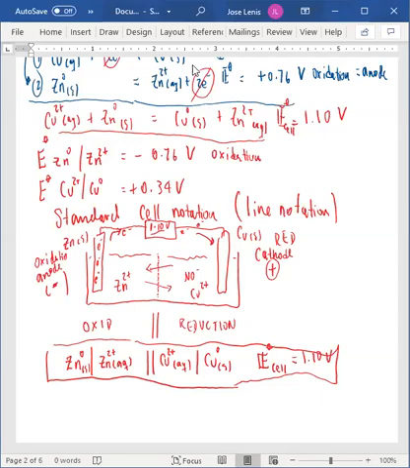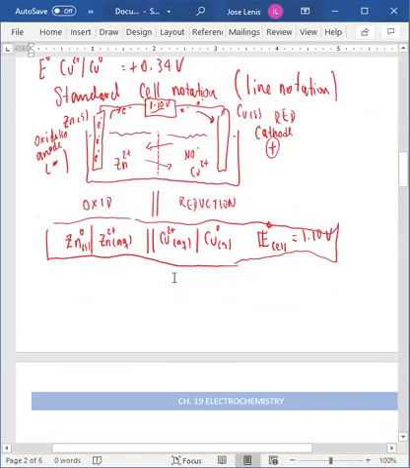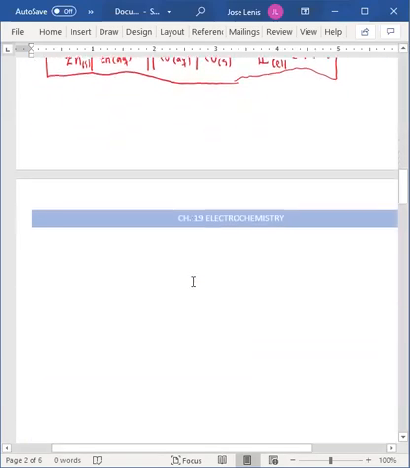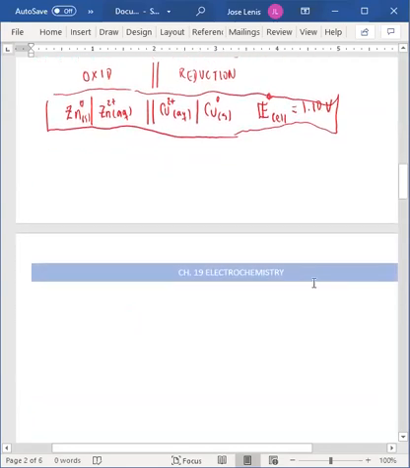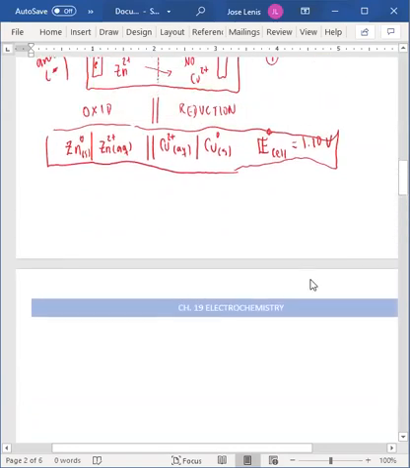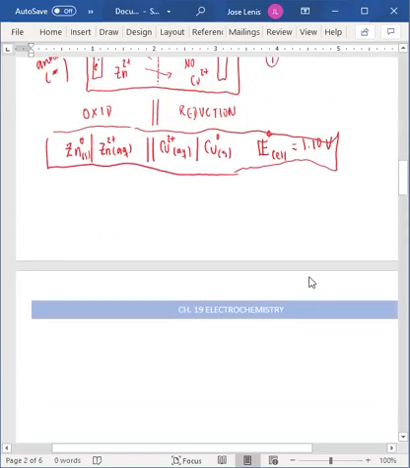All right. What about if you don't have standard molar concentrations? What about if you have different concentrations in the solutions?